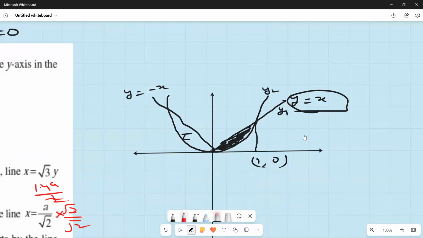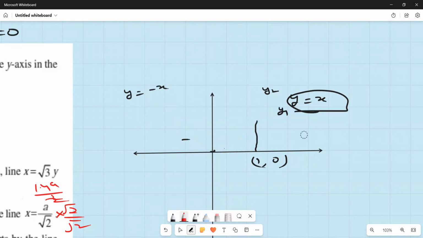If I subtract this, if the area under the line is this, and I subtract this area, this is this, and y is equal to x in this side.